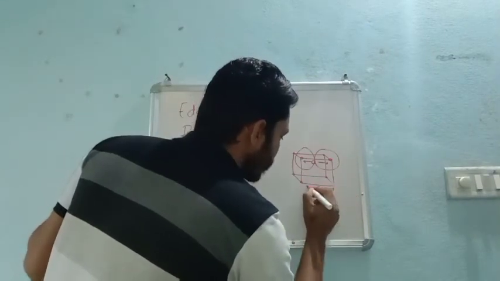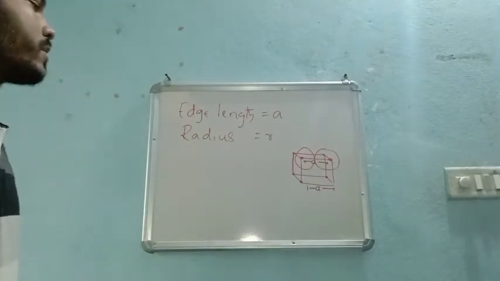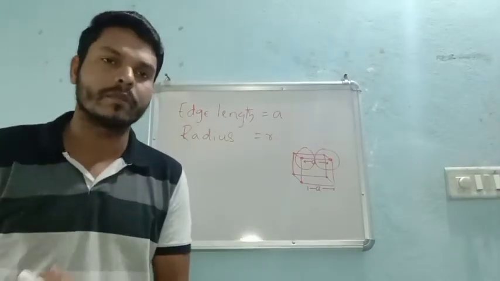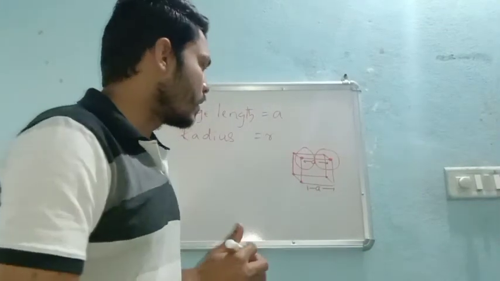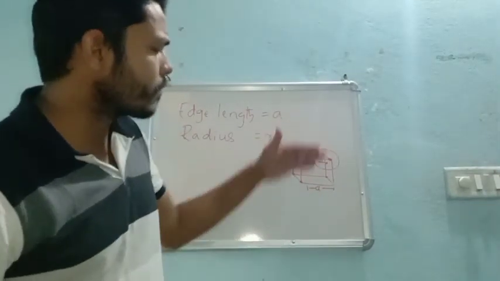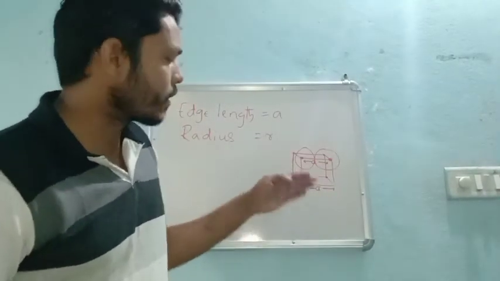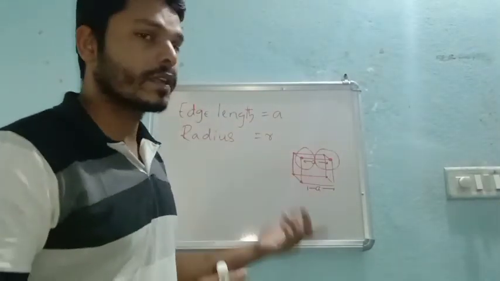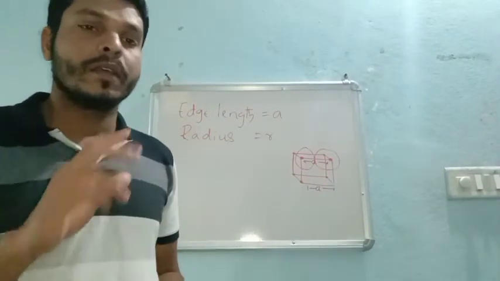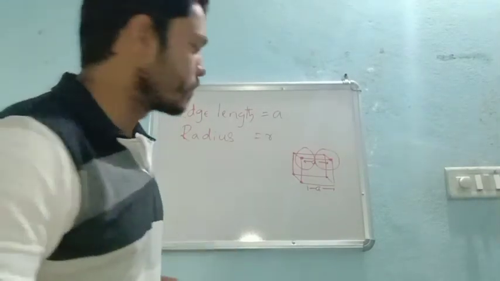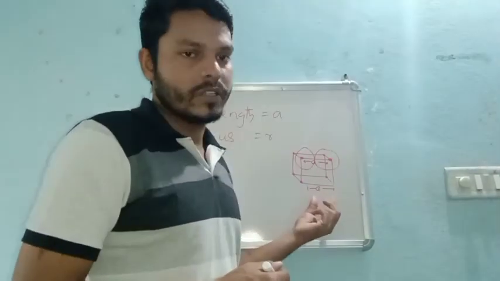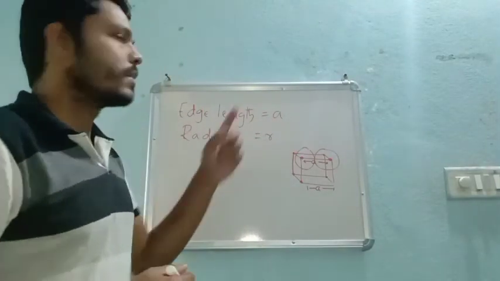So any complete distance between any two corner atoms in the unit cell, you can consider these two corner atoms, or the downward corner atoms, or the backside corner atoms. The complete distance between the two corner atoms is called edge length, and edge length will be represented by A.